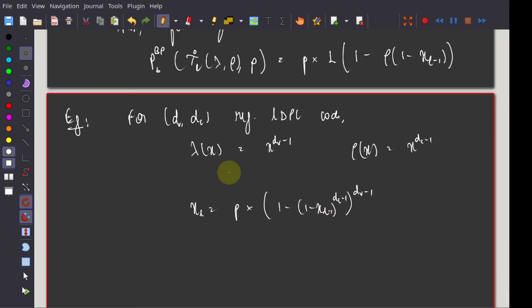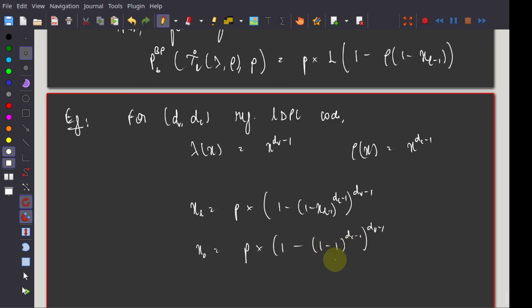So basically what you can do is you start with x minus 1, compute x0. So x0 is equal to p times (1 minus (1 minus 1) raised to dc minus 1) whole raised to dv minus 1.